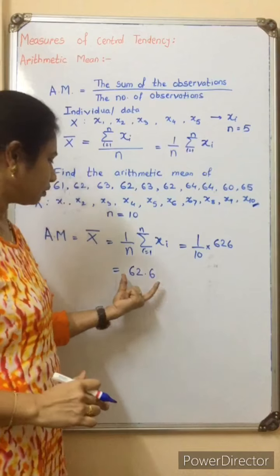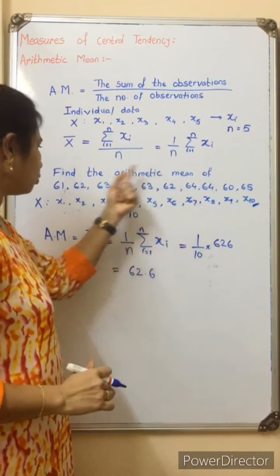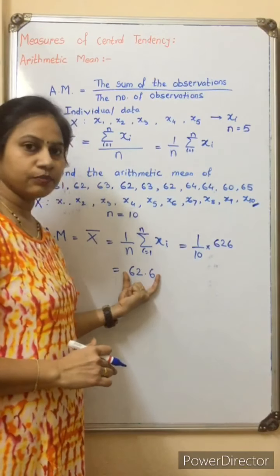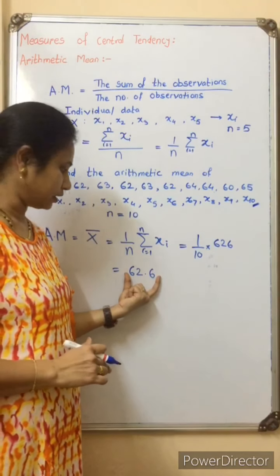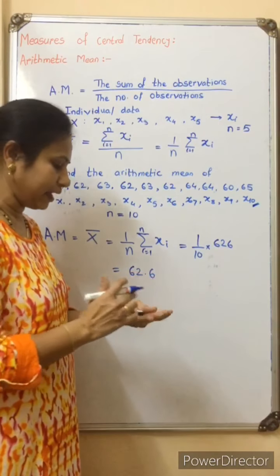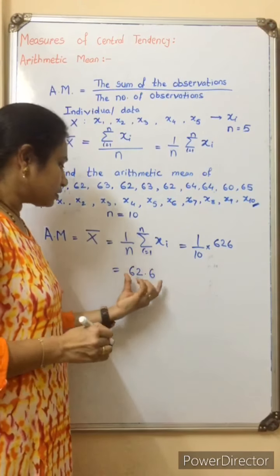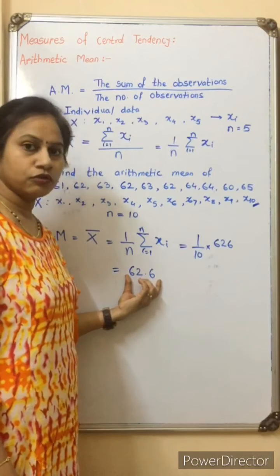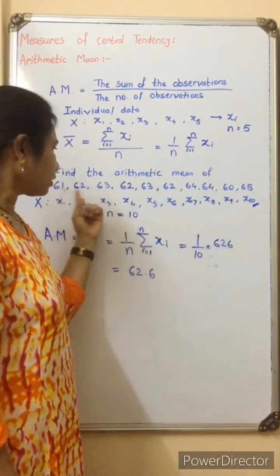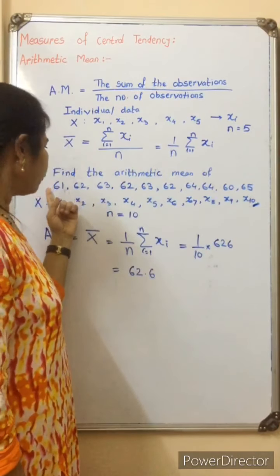What does it mean? It means that the whole data is concentrated on the central value, or simply we say this is the central value. When we say it is the central value, the answer should be between the lowest and highest values of the data.